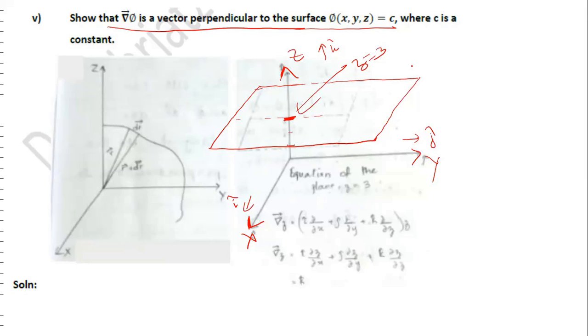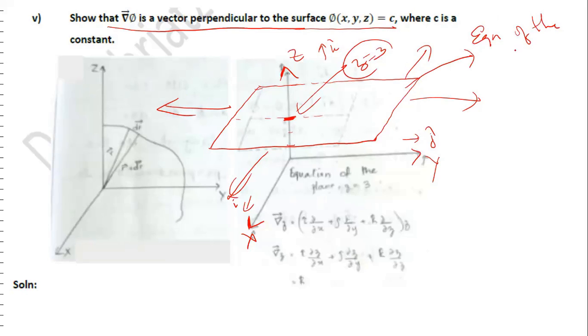So if this is an infinite plane, that means it extends in this direction, extends in this direction up to infinity, extends in this direction up to infinity. When we have a fixed plane, the equation of the plane will be z equal to 3. Why do I say that z equal to 3 is the equation of the plane? Because for every point on this plane, z value will be 3.